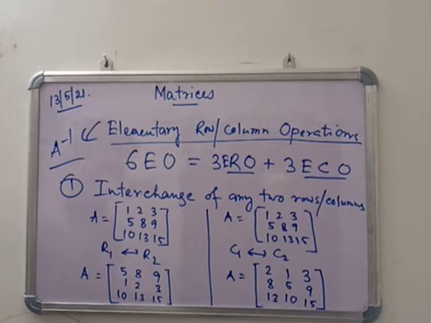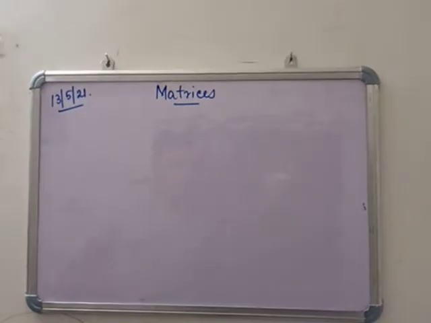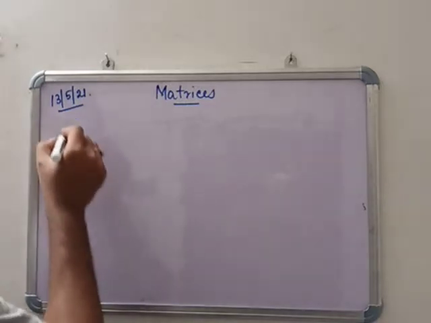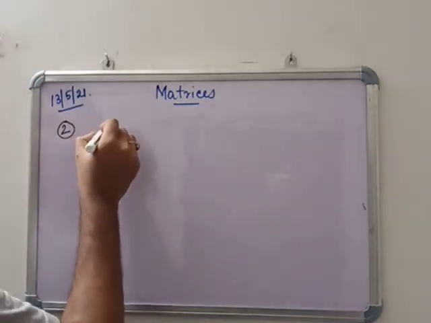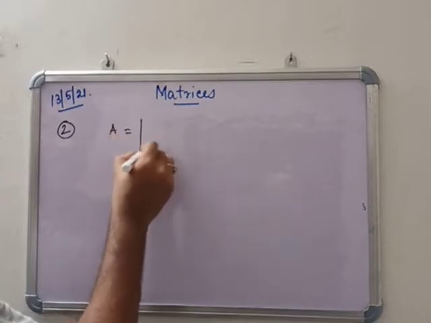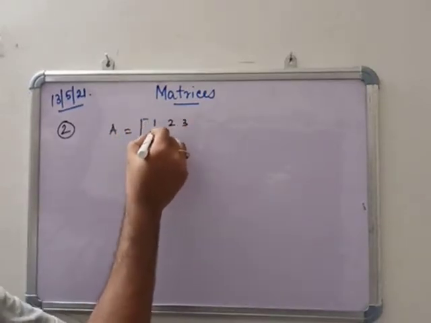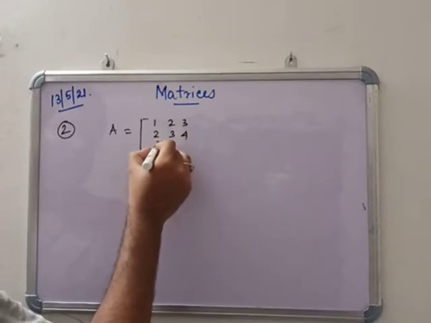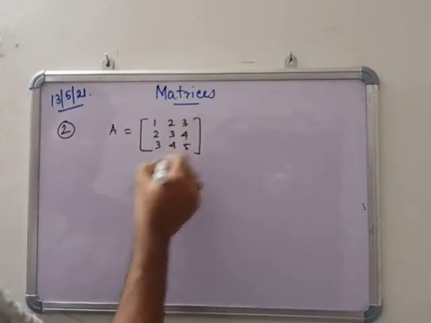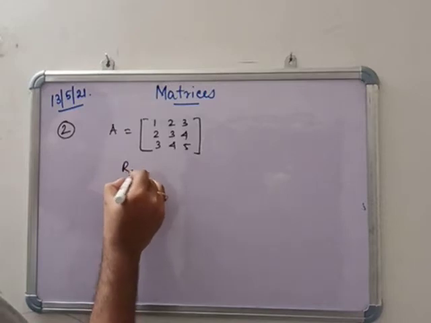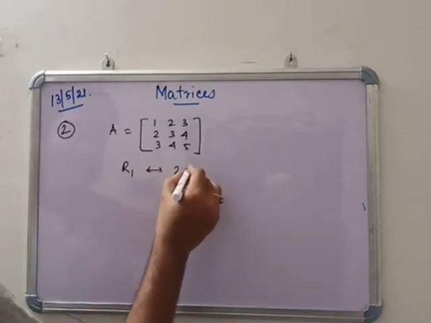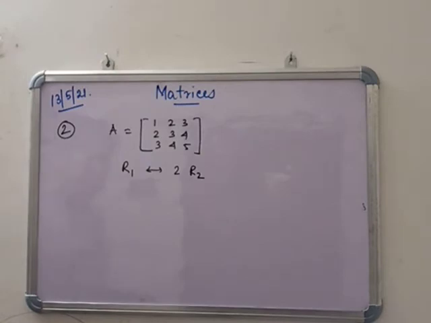Next rule: if we multiply all the elements of any row or column by a non-zero number. If A equals to 1, 2, 3, 2, 3, 4, 3, 4, 5, then R2 becomes 2 R2.